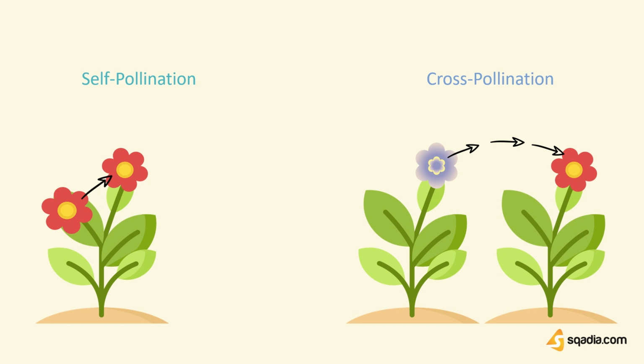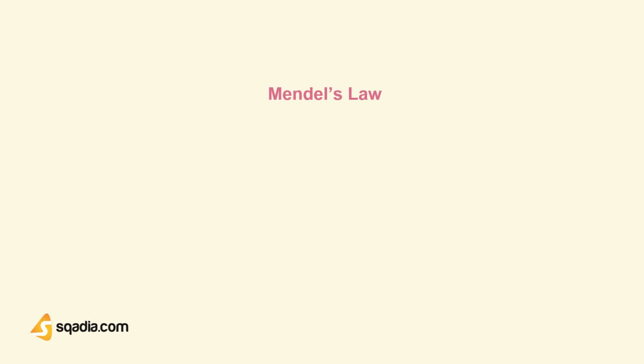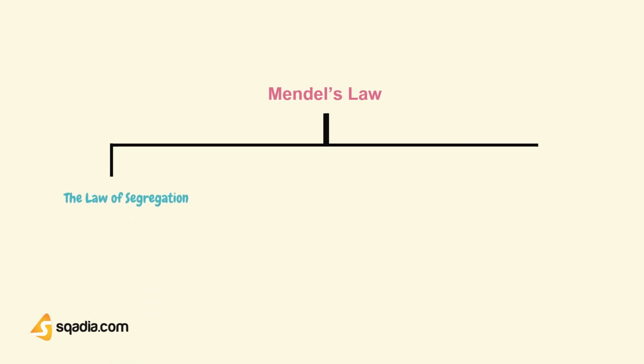Mendel succeeded in his work not only because he selected the right organism for his experiments, but also because he analyzed the results by using the principles of statistics or ratios. So, the two Mendel's laws are Mendel's law of segregation and Mendel's law of independent assortment.